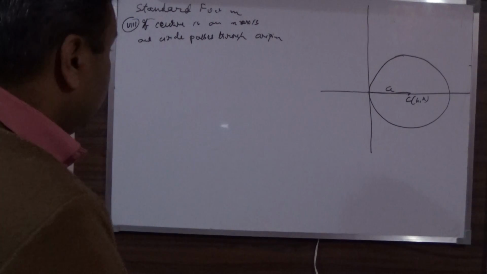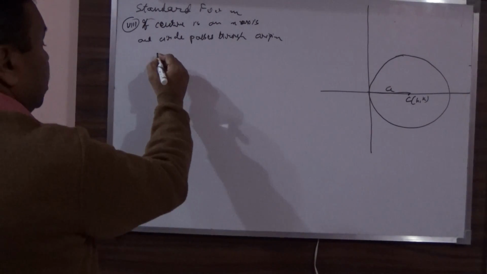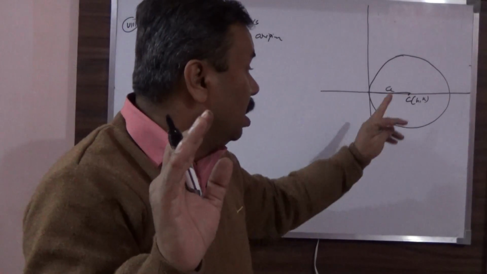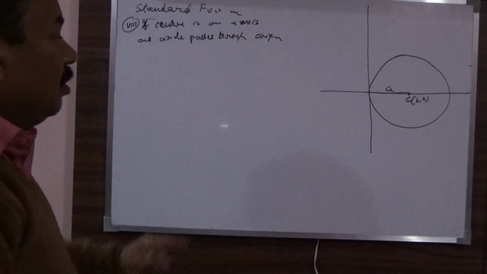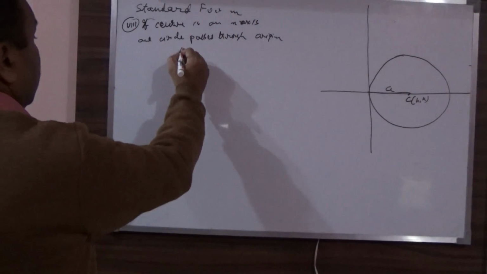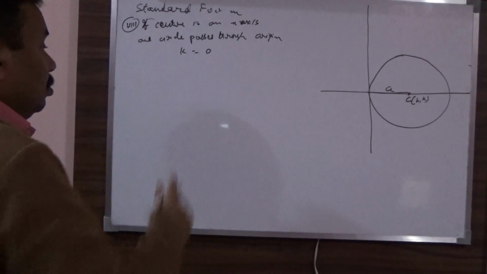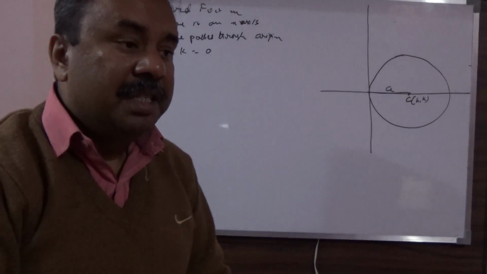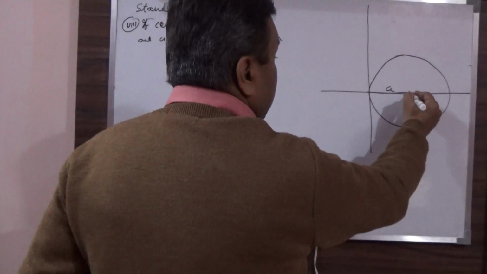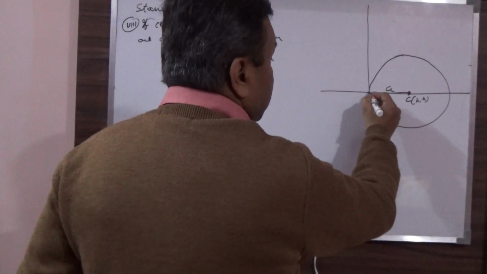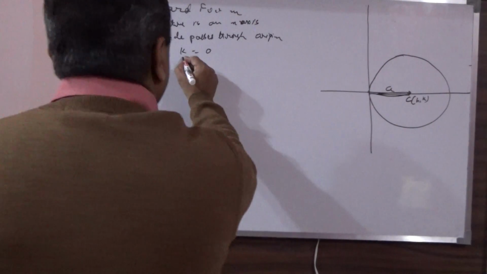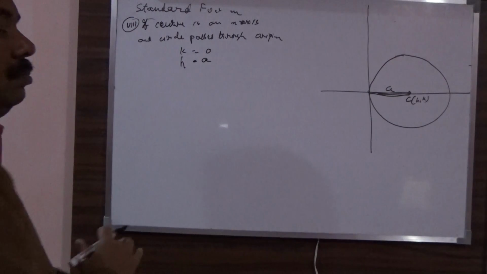Now in this case, first see what specification you are getting. The specific thing is that the y coordinate of the center is 0, so k is equal to 0. Second thing, the x coordinate. This x coordinate will be the distance of the origin, because the origin is lying on the circle. So the distance will be this one. So I can say that h is equal to a.